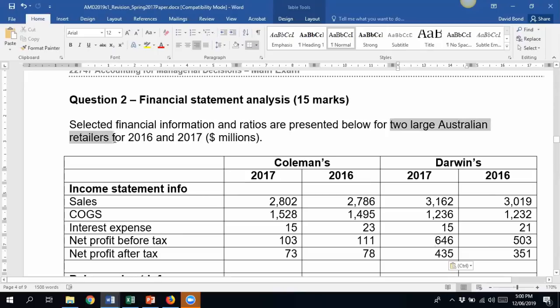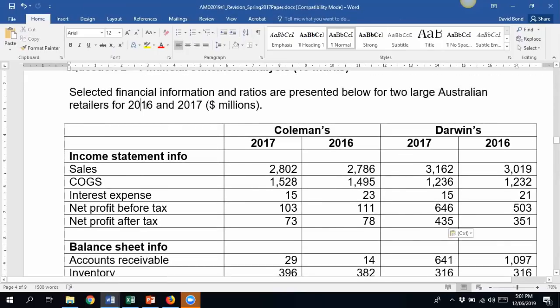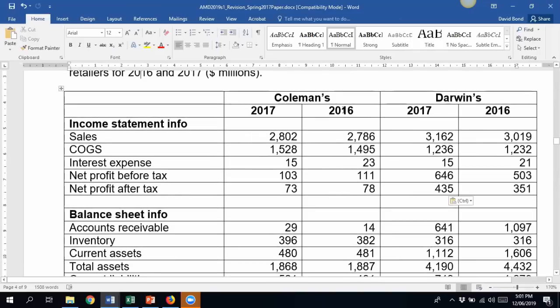we know they're two large Australian retailers. We would want more data than 2015, than 2016-17. We'd like to know what sort of actual businesses they're in, what they sell, what's going on in the competitive environment. Are there competitors coming in this particular sort of segment of the industry? What's the economic conditions at the time? That would be relevant.